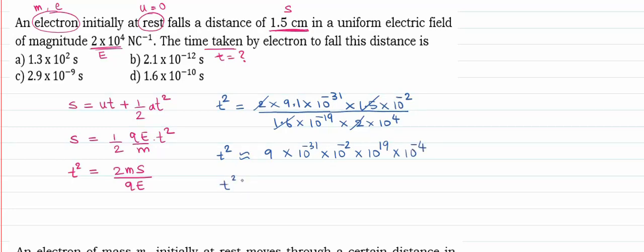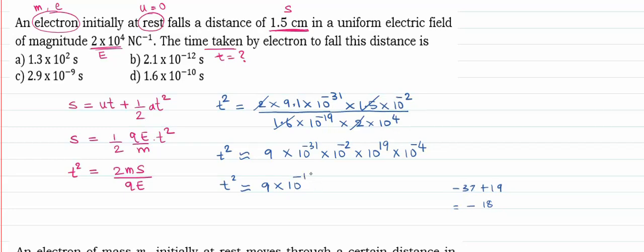So t square will be approximately 9 into 10 raised to, simplify: minus 31 minus 2 is minus 33, minus 33 minus 4 is minus 37, minus 37 plus 19 is minus 18.